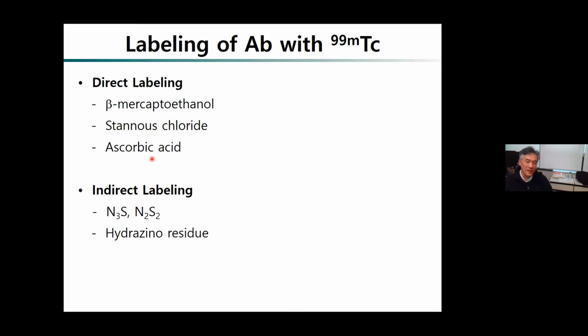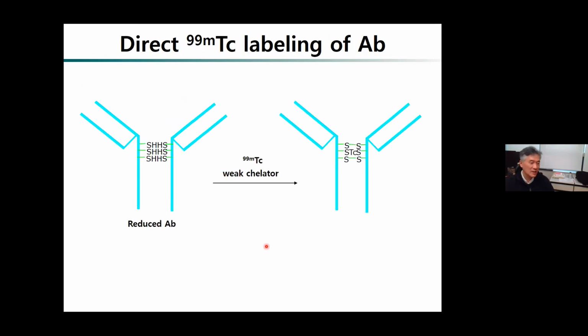Direct labeling can occur by small modification of the protein using beta-mercaptoethanol, stannous chloride, or ascorbic acid. In the indirect method, after conjugation of a chelating agent into the protein, the technetium-99m is labeled into that chelating agent.